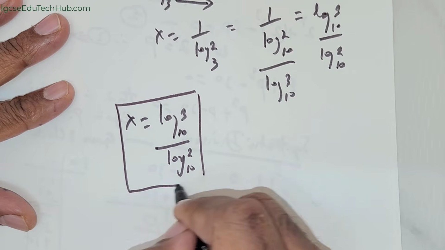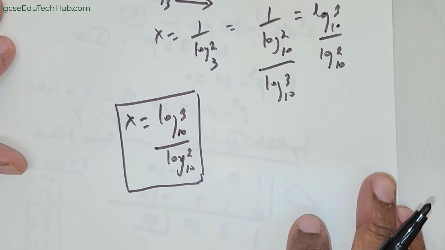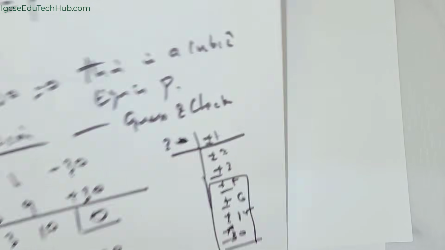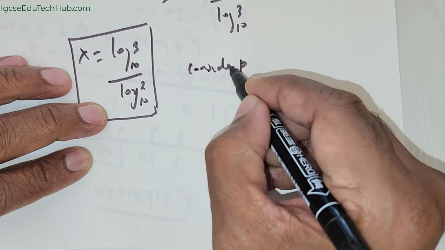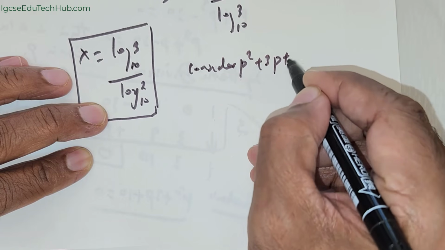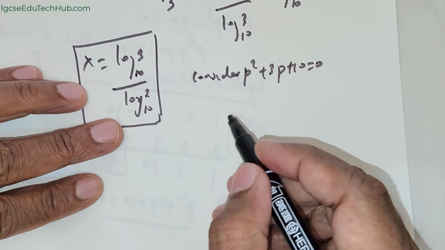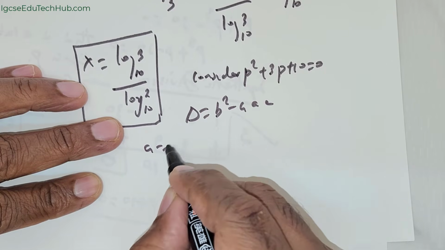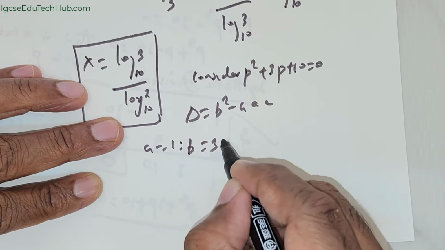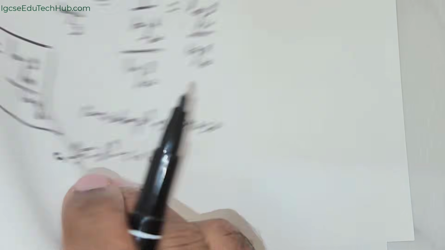So this is going to be my x value, but we are not yet finished. We have to conclude for this one. Consider p squared plus 3p plus 10 is equal to 0. Now you check the discriminant, b squared minus 4ac. Now a is equal to 1, b is equal to 3 and c is equal to 10.